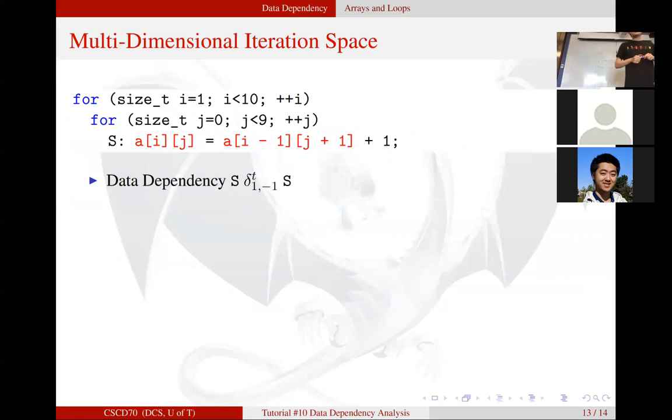Now that we have discussed the one-dimensional loop structure, it is time for us to move to a multi-dimensional iteration space, right? Consider this example, where we have a 2-dimensional loop, i and j, and at each iteration we are doing A[i][j] equals A[i minus 1][j plus 1].